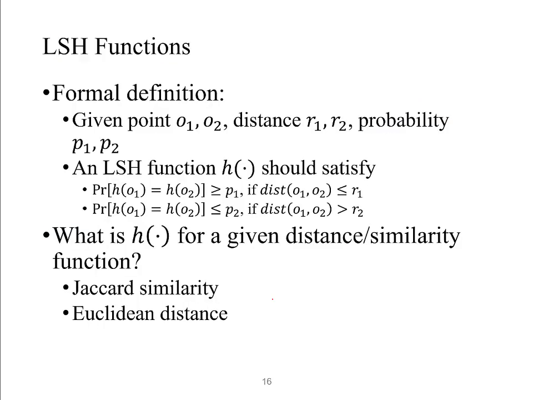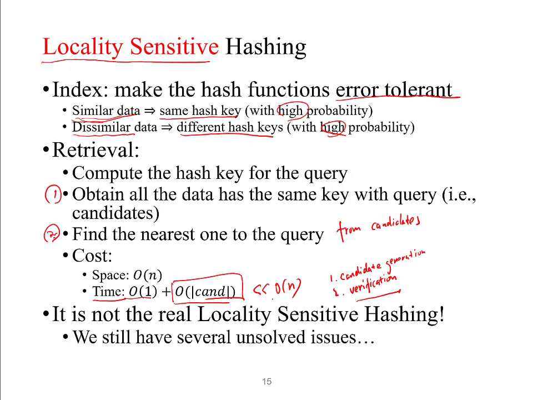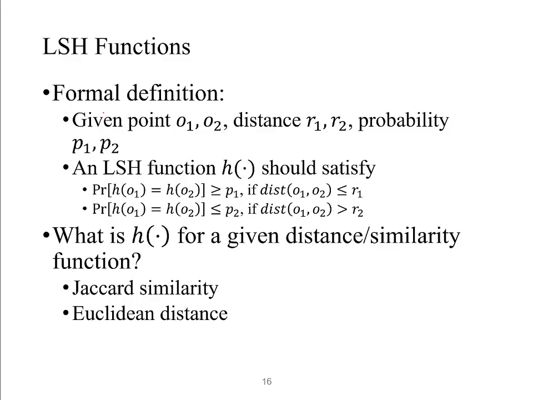We will see how we deal with them. So first of all, definitely would be the LSH functions. So what are the functions that can satisfy this kind of condition, for similar data have the same hash key, for dissimilar data have different hash keys.